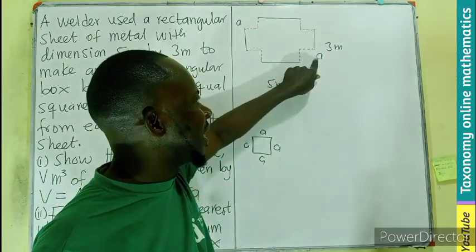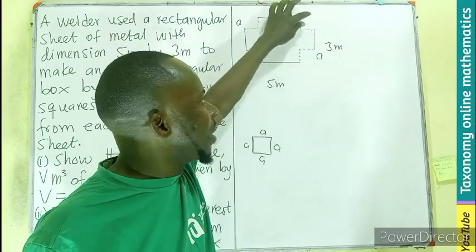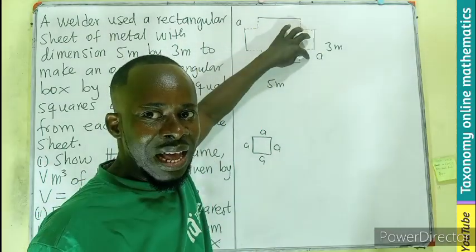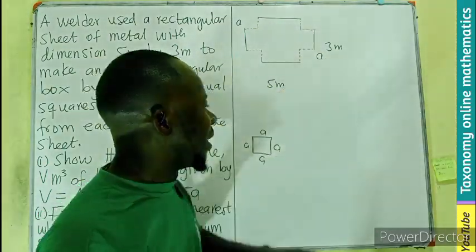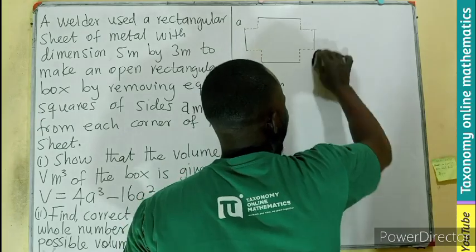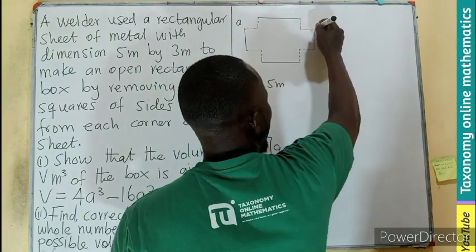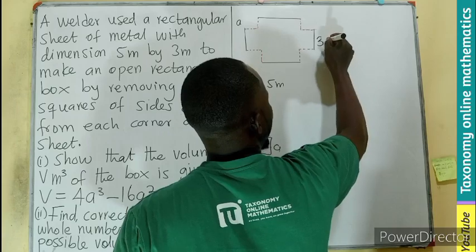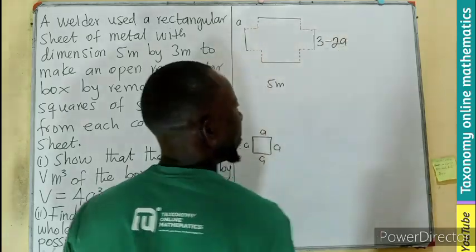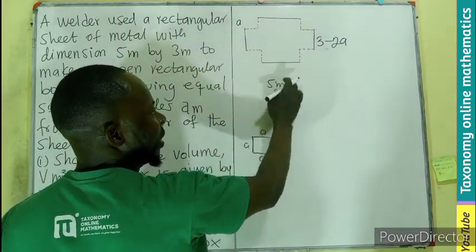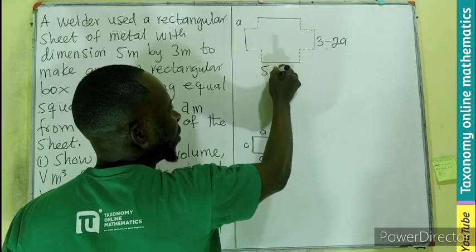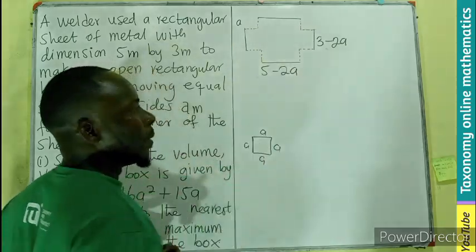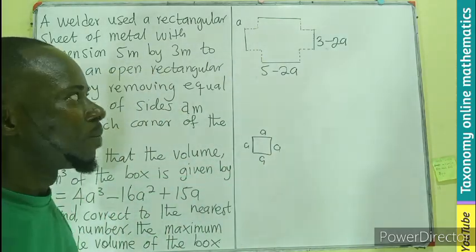So I'll be subtracting the a meters from here plus this a meters, making 2a from the 3. So the dimension here with the black ink is going to be 3 minus what? 2a. And similarly, this will be 5 minus what? 2a, if that is taken away.